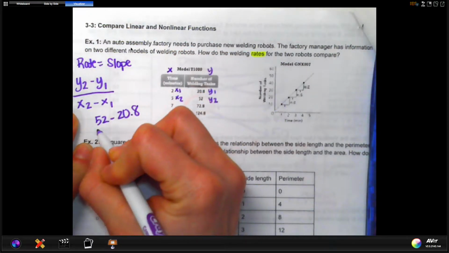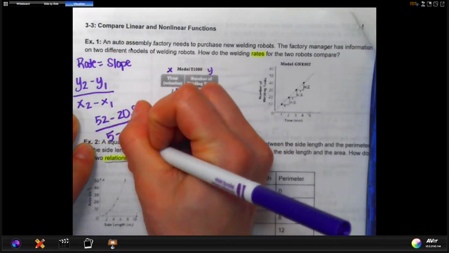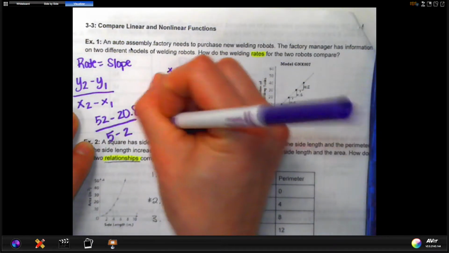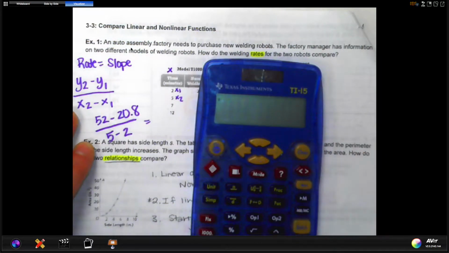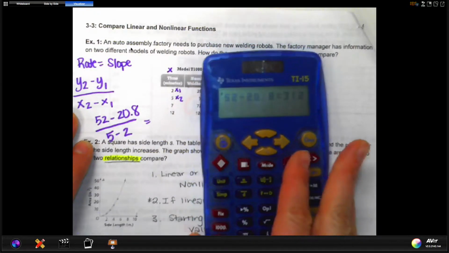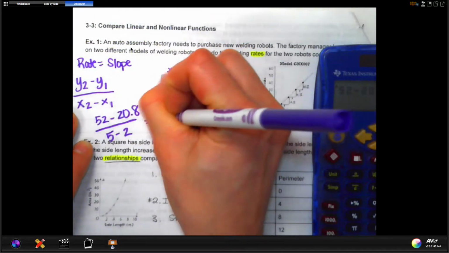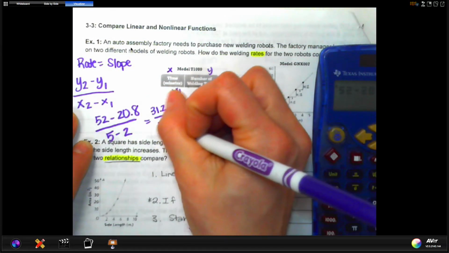And we're going to divide that by 5 minus 2, x2 minus x1. Okay, so on here you want to make sure you do this separately. So 52 minus 20.8, you want to get that answer first, 31.2 on the top. And then 5 minus 2 is going to give us 3.